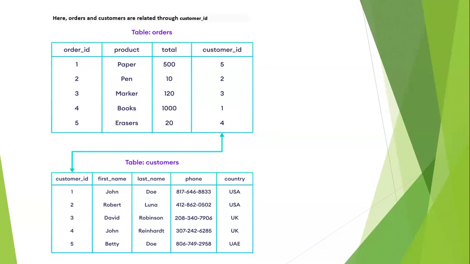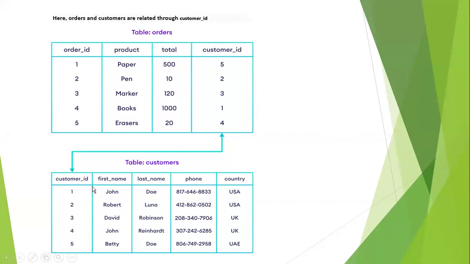Then we are mapping this customer ID to the customer ID of the orders table. That is called a relation. We are creating a relation between two tables. If you see, the customer John Doe, having customer ID 1, has order ID 4.